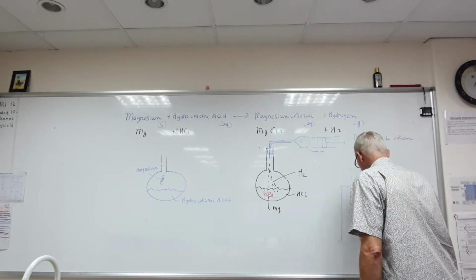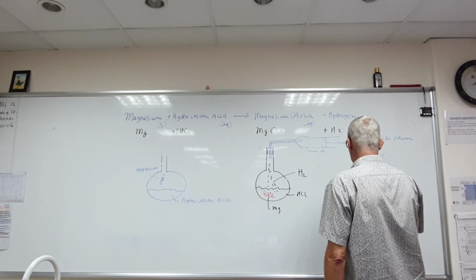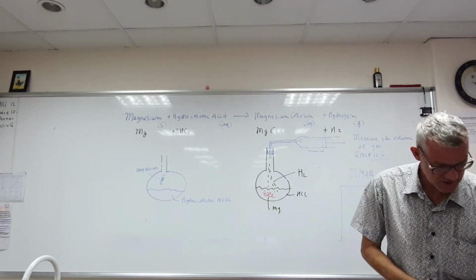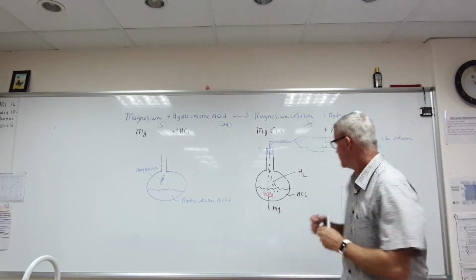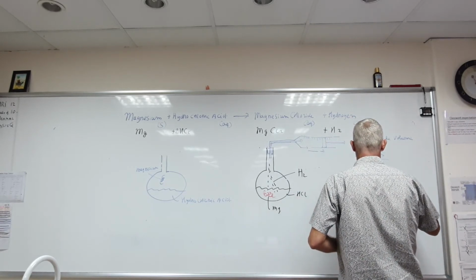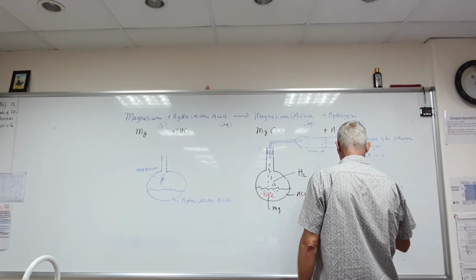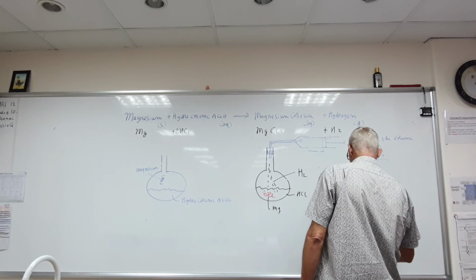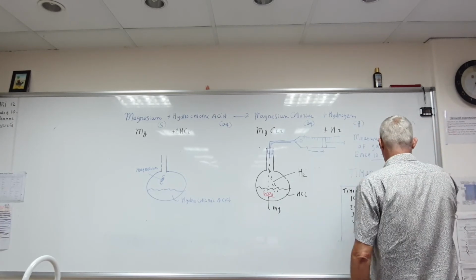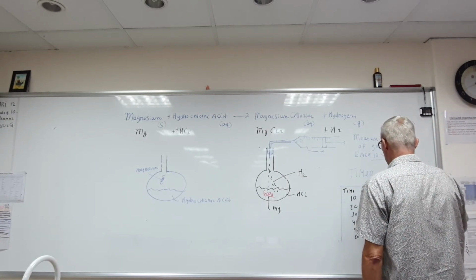Here we have time. 5, 10, 15, well, I said every 10 seconds, huh? So I should be consistent. So we have here time, volume H2, 10, 20, 30, 40, 50, 60. Let's say this is in milliliters. Let's say the first 10 seconds we get 20 milliliters.